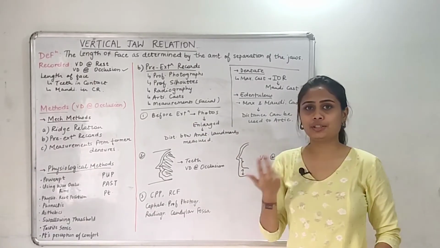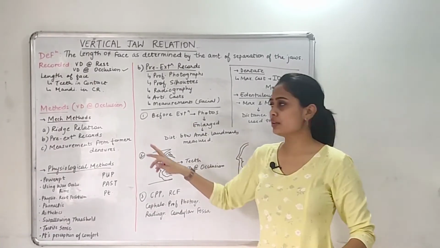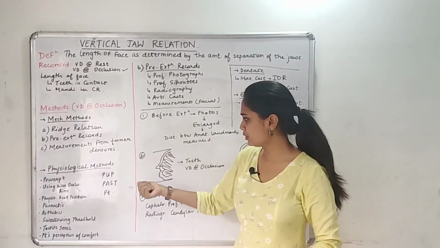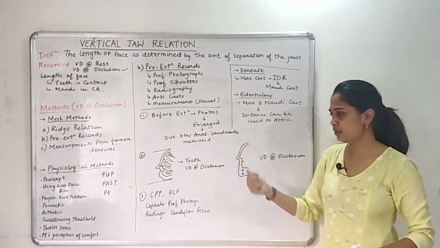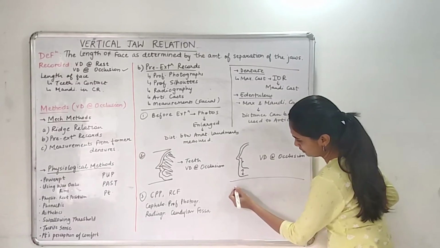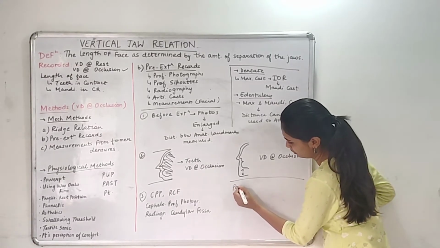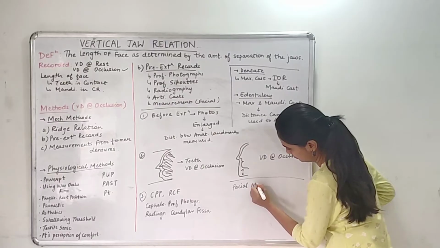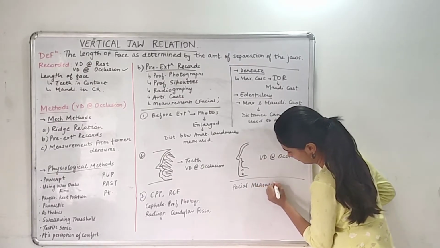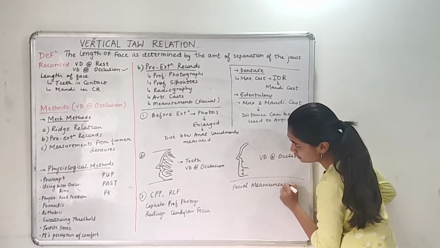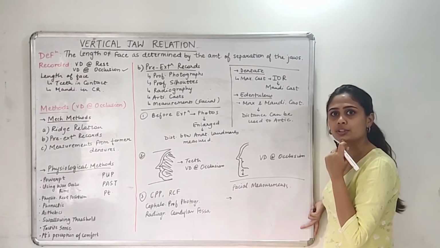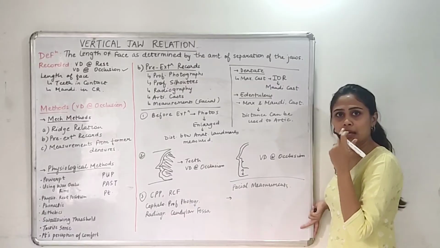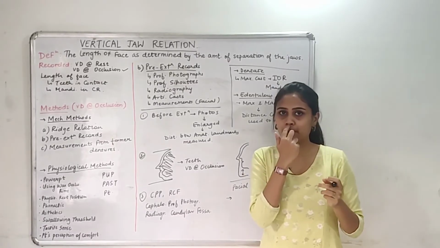Lastly, we have the facial measurements. As we saw in one of the topics about the facial measurements, the same thing we can use here. So in facial measurements, we can use the lower border or the tip of the chin and the distance from the base of the nose.